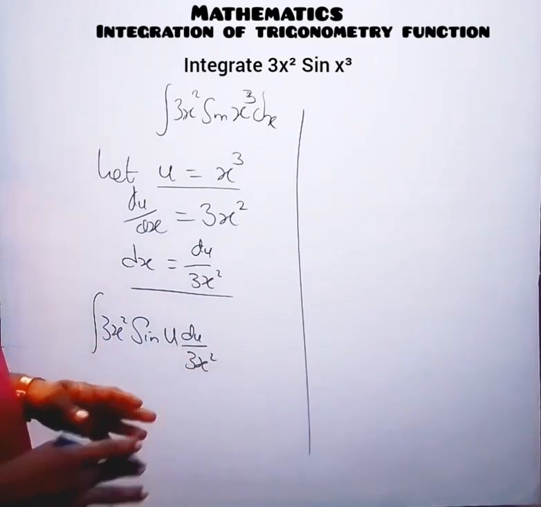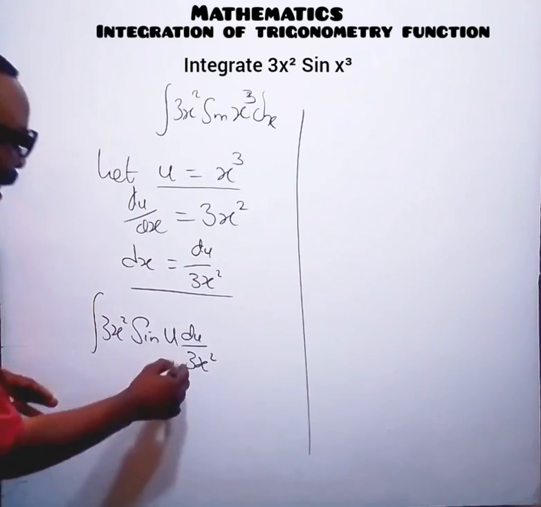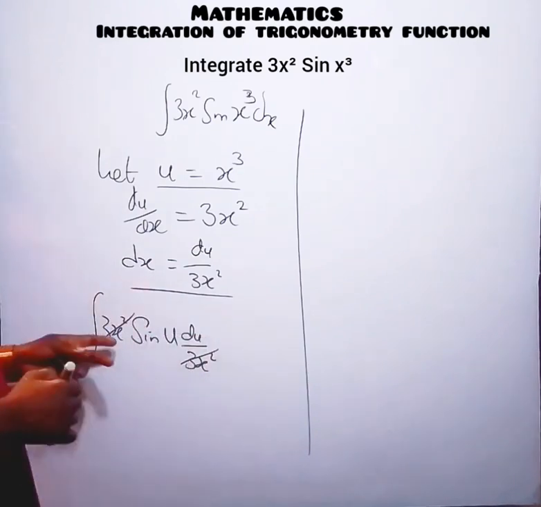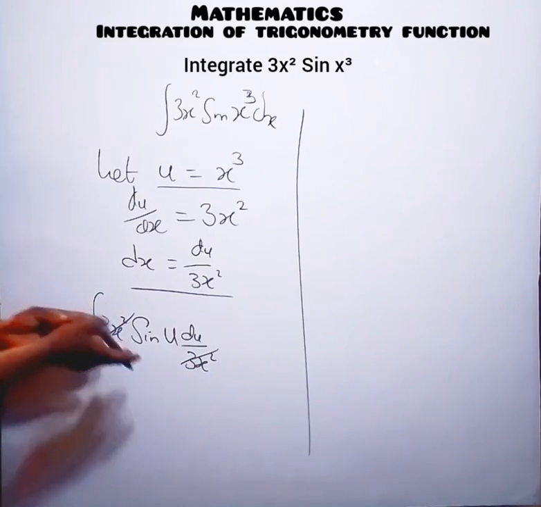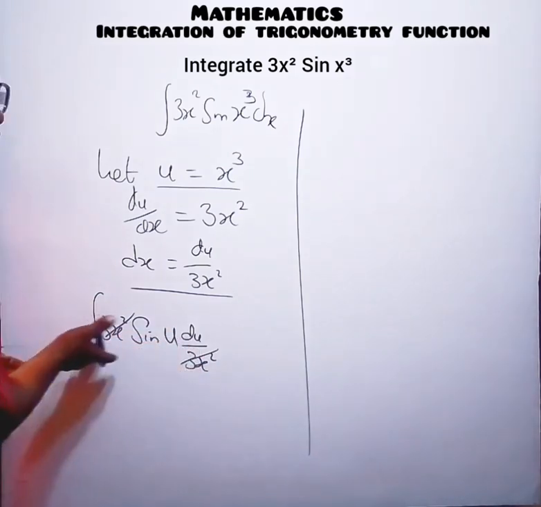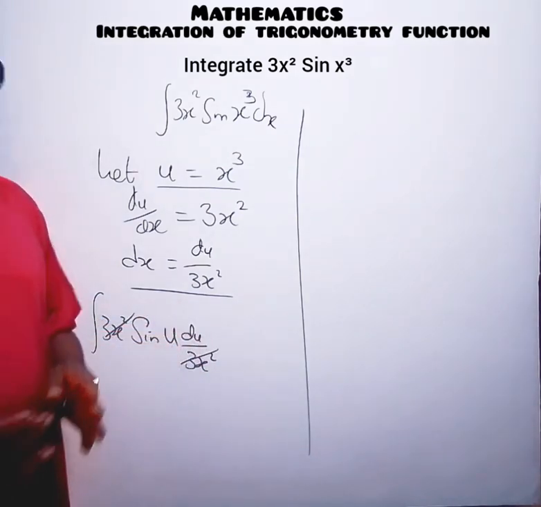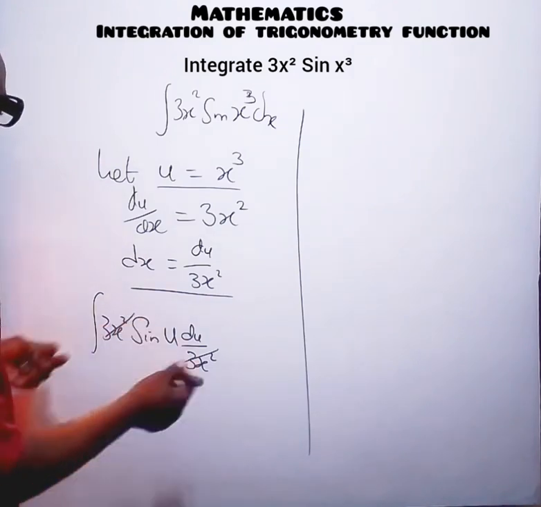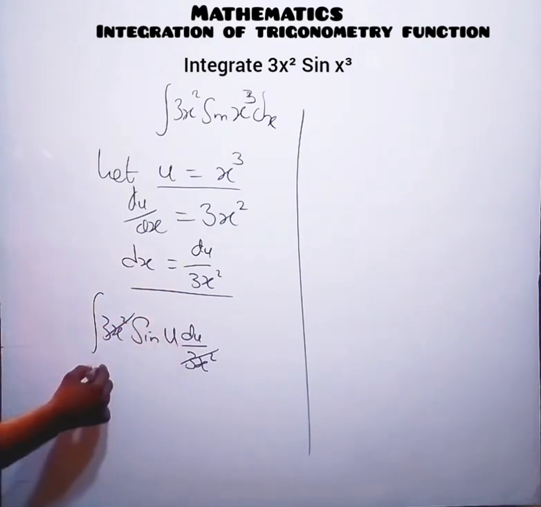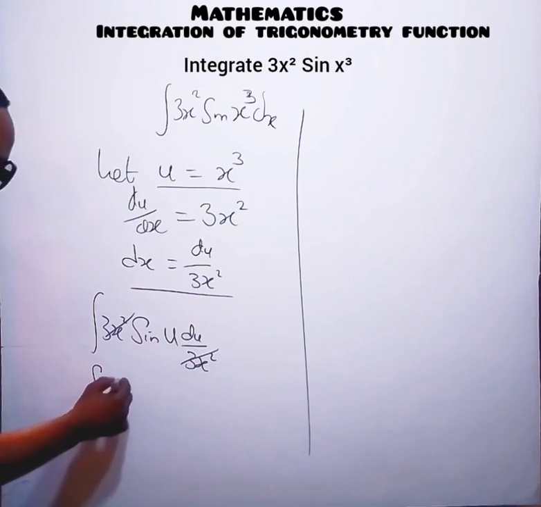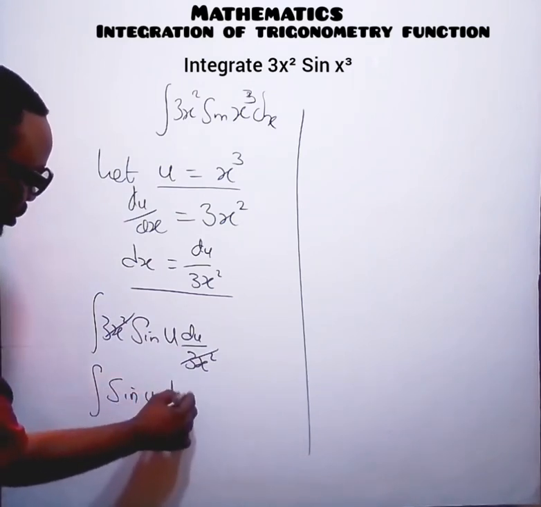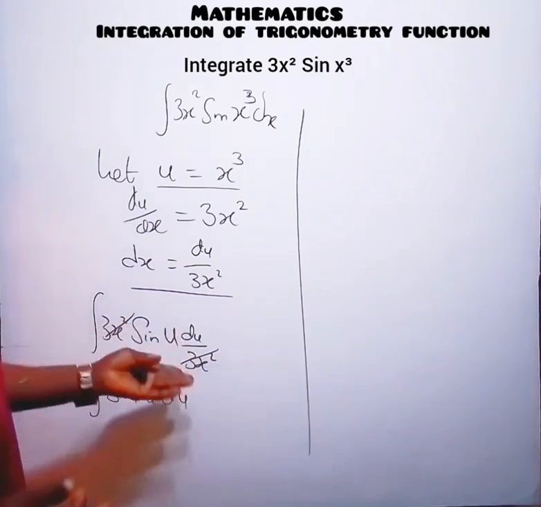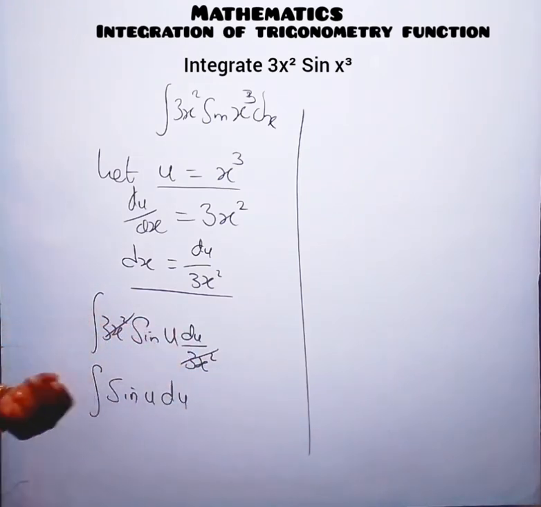Now, from this expression, I can cancel this 3x squared, because one is at the numerator, the other is at the denominator, and all the values are multiplied with one another. In this case, this expression has become sine u du, that's the value we are having that is left behind now.